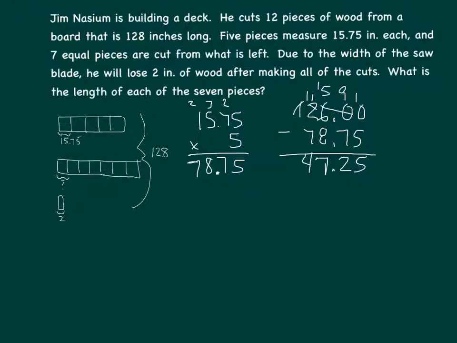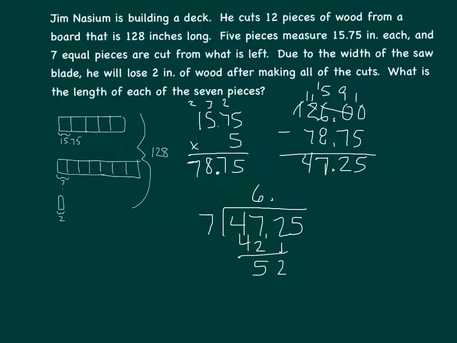So now what I have to do is take my 47.25 and divide it into 7 equal pieces. 7 does not go into 4, it goes into 47. Well, 7 groups would be 49, that's too much, so it's got to be 6. Bring down my 2, decimal point.